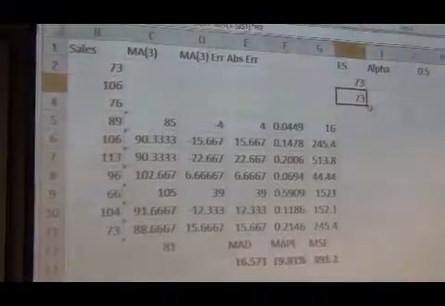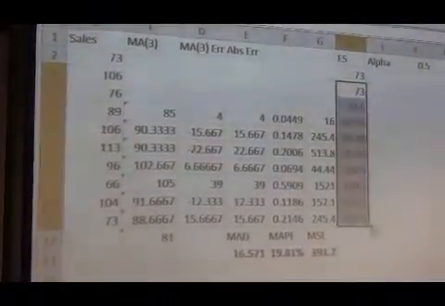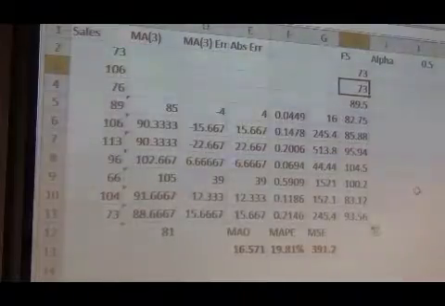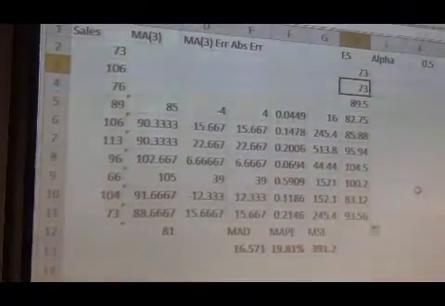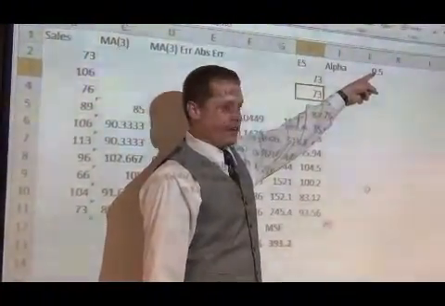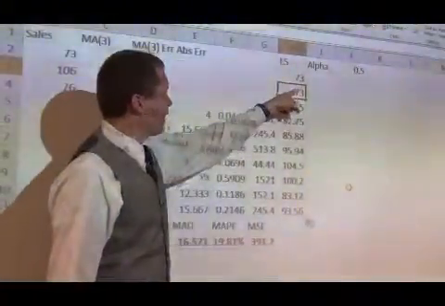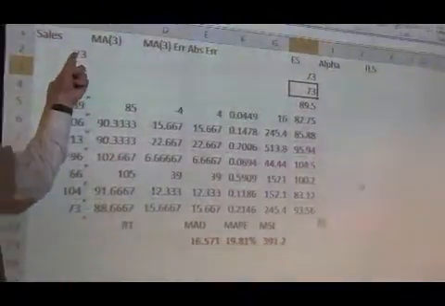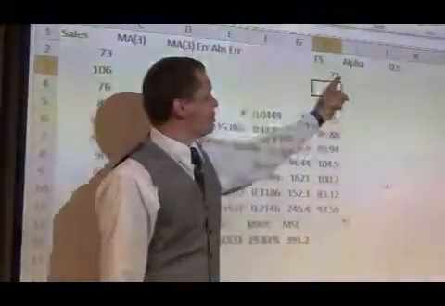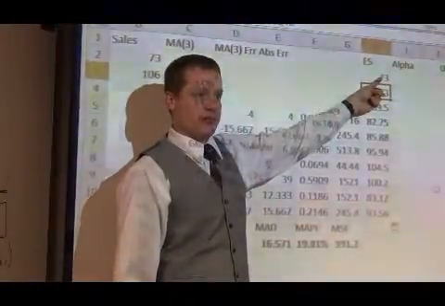So I'll let you see that formula there for a second. First I'll copy it, and then I'll let you see that formula. So again, every week, our prediction is going to be alpha, this value we've chosen, 0.5, times the last week's actual value, plus 1 minus alpha times the last week's prediction.